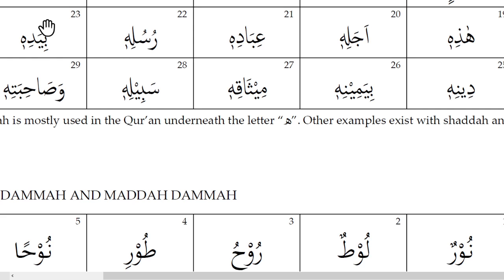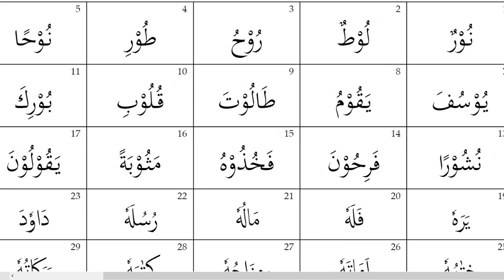Number 23 is very similar. Bi, Ya, Di, He. Bi, Ya, Di, He. Right? And then finally, let's look at the long vowel, the long dhamma.